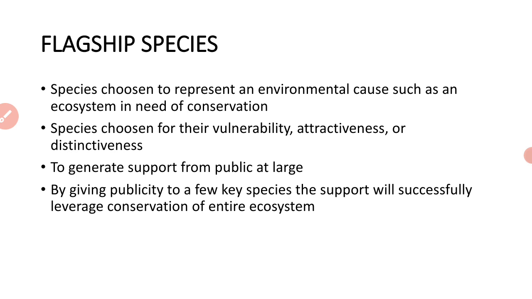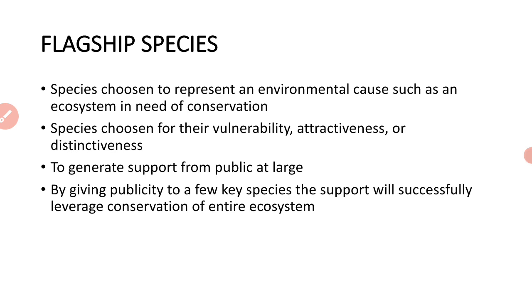So in a nutshell, flagship species act as a flag, a signal, so that people see that this kind of species requires protection or conservation because of their vulnerability, attractiveness, or distinctiveness, and because of this need we need to preserve the entire ecosystem.